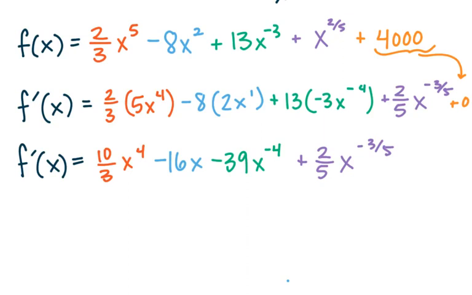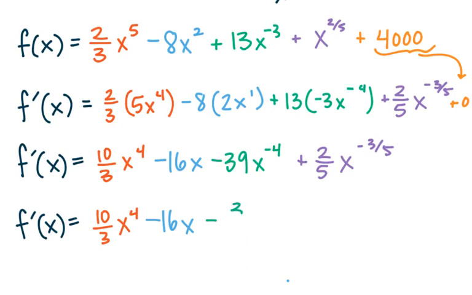This is acceptable as an answer, but if you want to be very proper and clean this up, make it look like you originally started, you could go one step further. My first two terms, nothing would change there. But my 39, that could be minus 39 over x to the 4th.